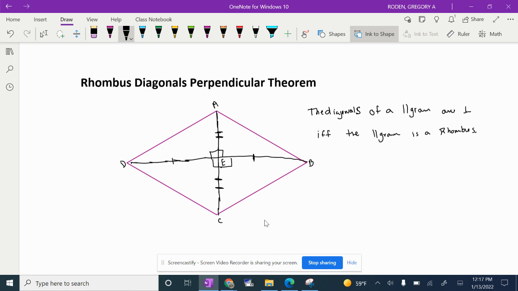So if we just look at, let's say, this top triangle right here, we don't even look at the other ones. So what do we know here? Well, we can use the perpendicular bisector theorem that says if a point is on the perpendicular bisector of a segment, then the point is equidistant. Well, we know the point is equidistant because it's a rhombus, right?